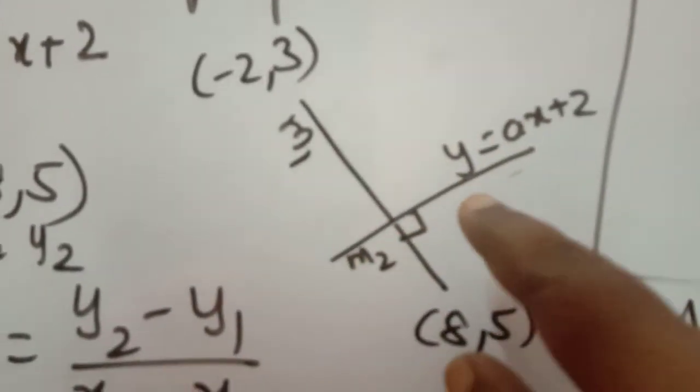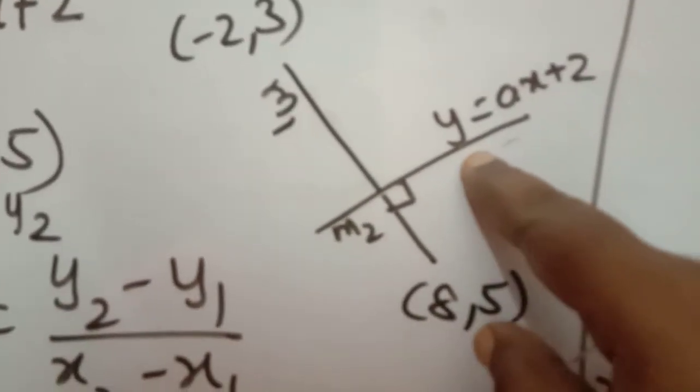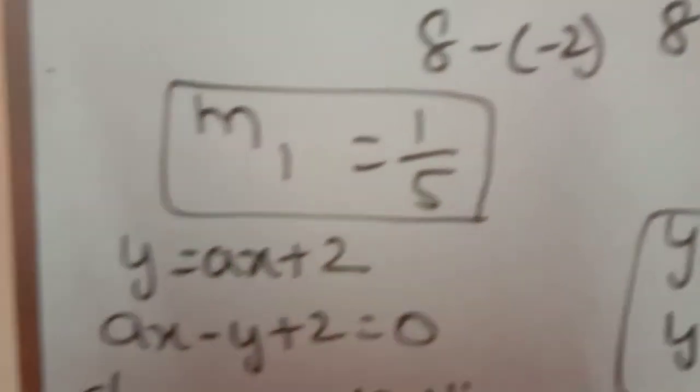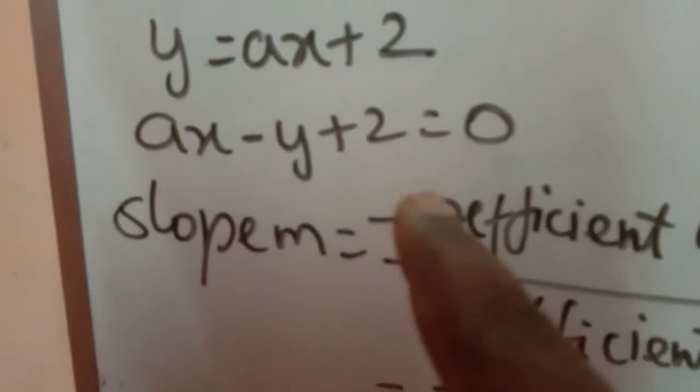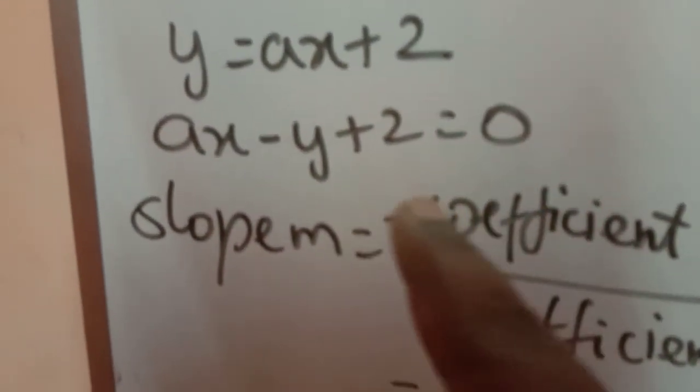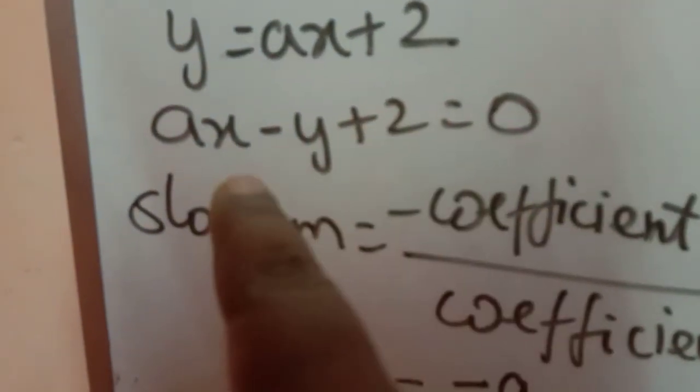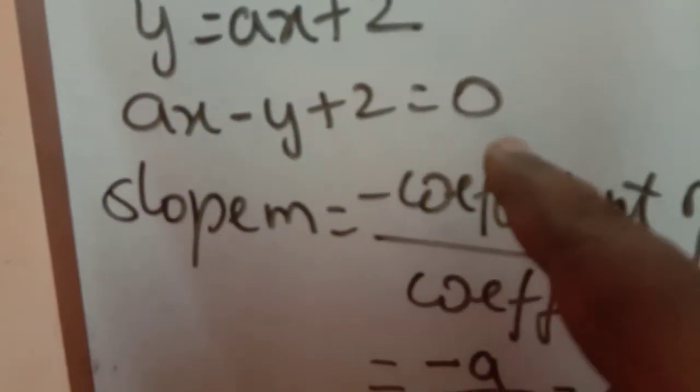Next we have to find the slope of the second straight line, y is equal to ax plus 2. So bring y here, because when you find slope all the terms would be on the same side: x, y and constant. So bring y to the right hand side: ax minus y plus 2 equal to 0.